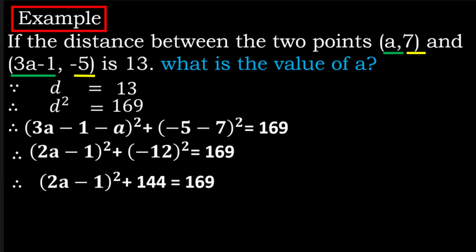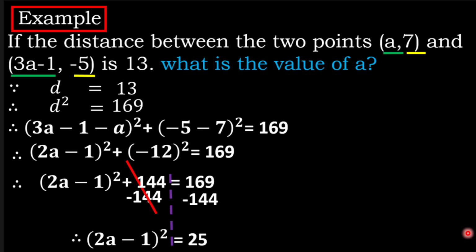We get here an equation. So how can we solve this equation? We have here 144. Okay, just subtract 144 from both sides. Now subtract 144, we get 2a minus 1 all squared, it will be 169 minus 144, it will be 25. It's a perfect square number.